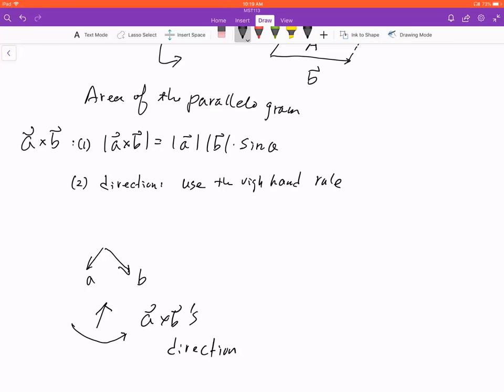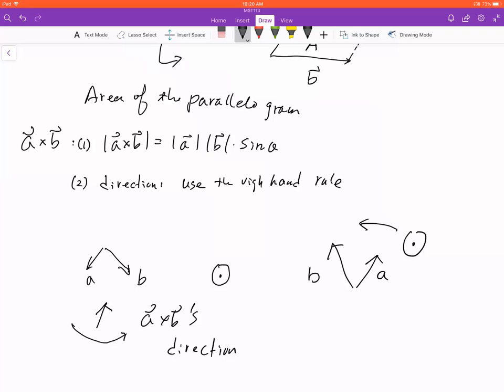Sometimes in physics we use this notation: the direction of A cross B is an arrow coming out of the screen. If you have A over here and B over here, it's the same thing. If you look at it from A to B, you curl your 4 fingers this way, and your thumb points from inside out.